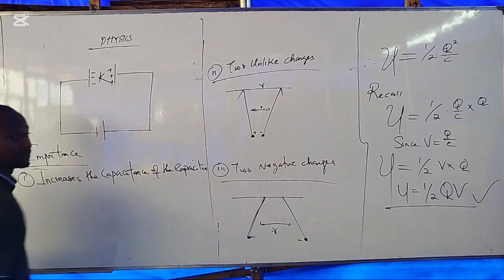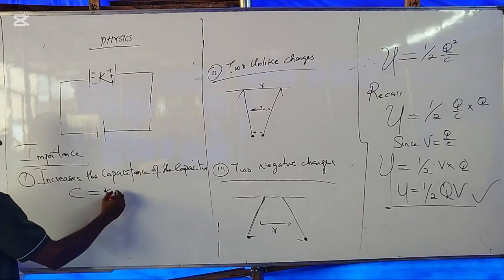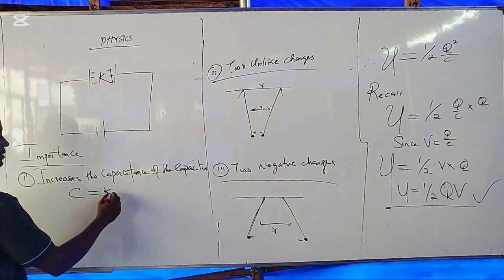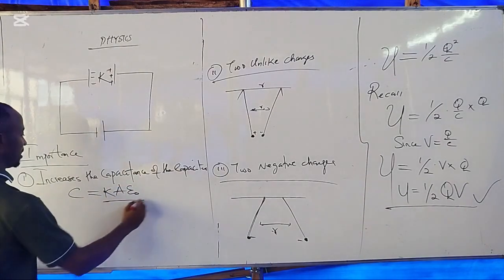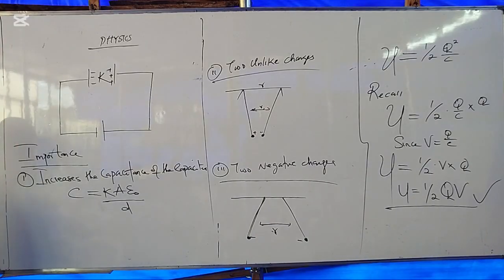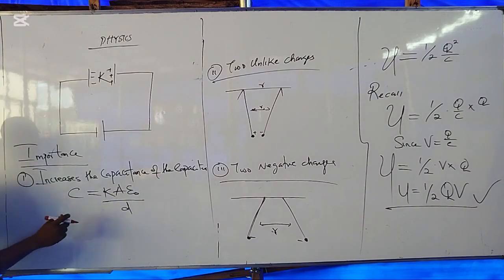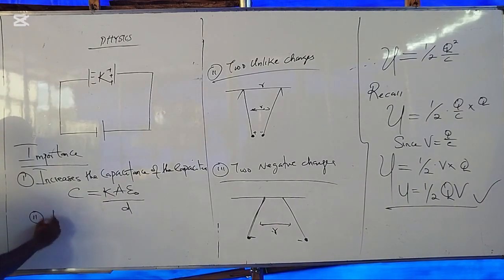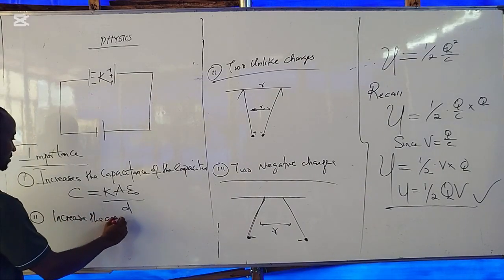From the relationship I gave, C equals K epsilon naught A divided by d. Remember that? So if I introduce a material, it will increase the capacitance.